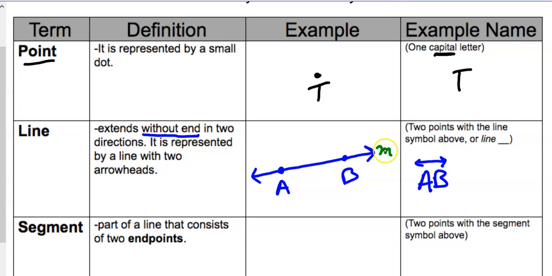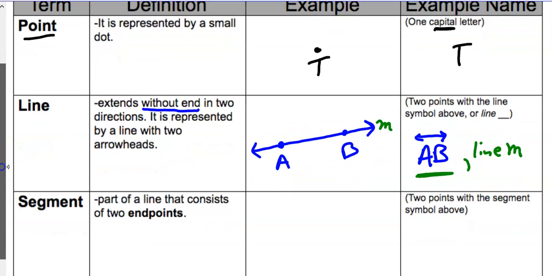But they use a lowercase letter, and they literally will write line, and then again, it's in italics, but mine just doesn't look very italic because it's hard to write that way. But in a book, you'll definitely be able to tell. I would say that traditionally, it's used more often with the capital letters and the little line above it. Again, not 3 letters, 2 of them. Okay, but it can be done either way. It's definitely very universal, but we'll probably use what we have here in blue most of the time.